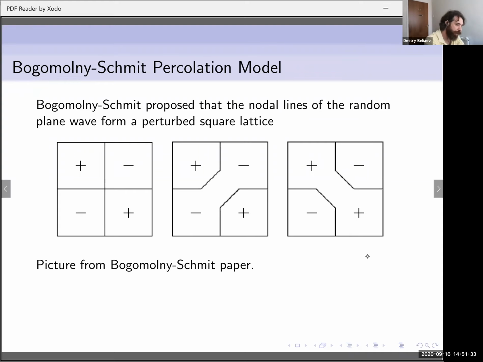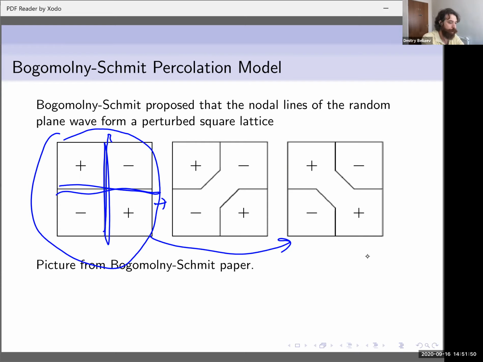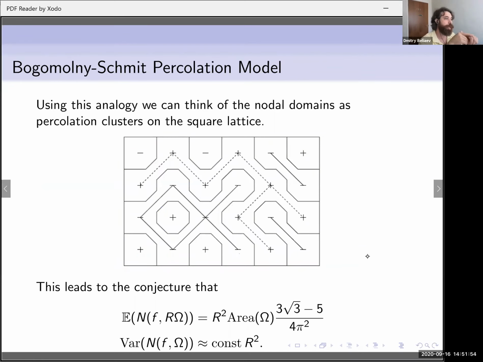So these lines are like an average representation of nodal lines. But nodal lines cannot intersect. So these intersections should be resolved one way or another. And so you create these kinds of pictures.